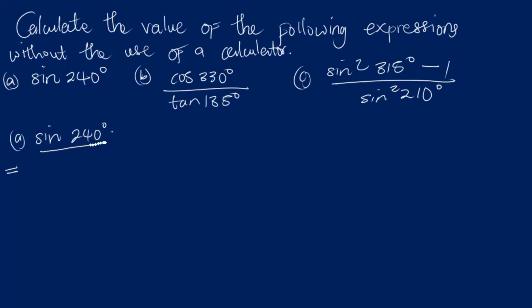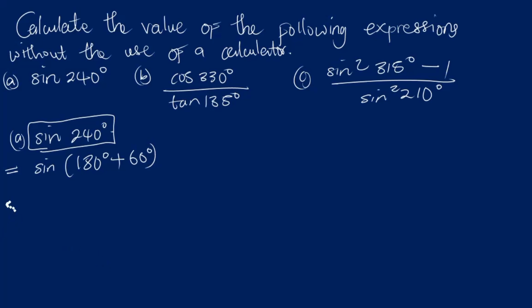This number is too big for us to work with. How can we reduce this into a smaller number? This is going to be the sine of 180 degrees plus 60 degrees.